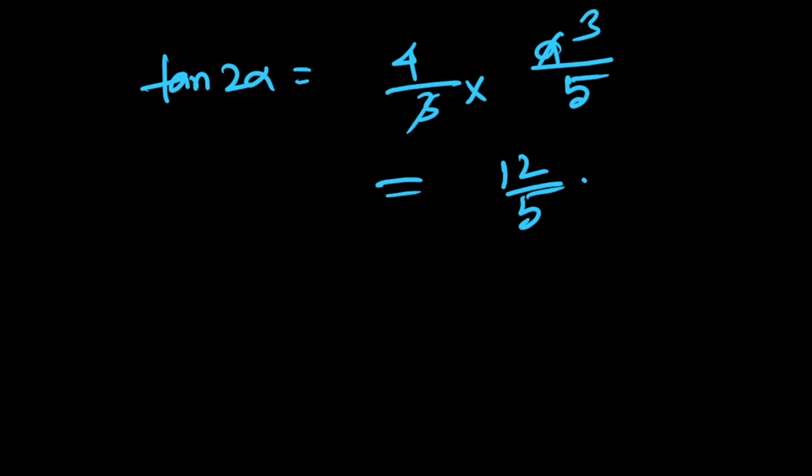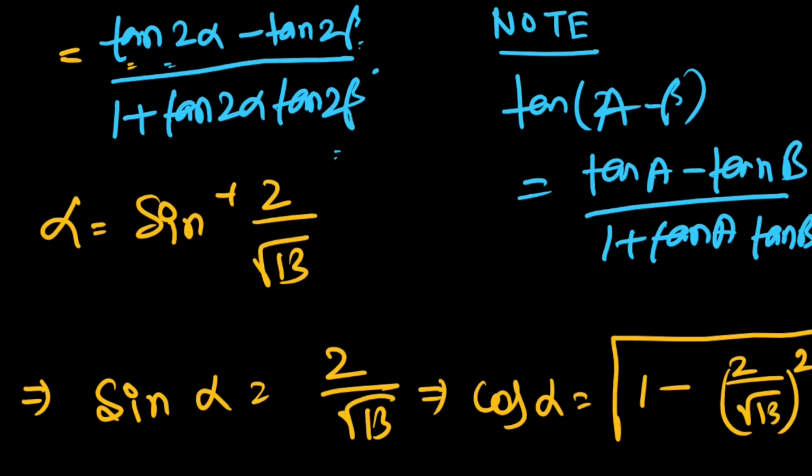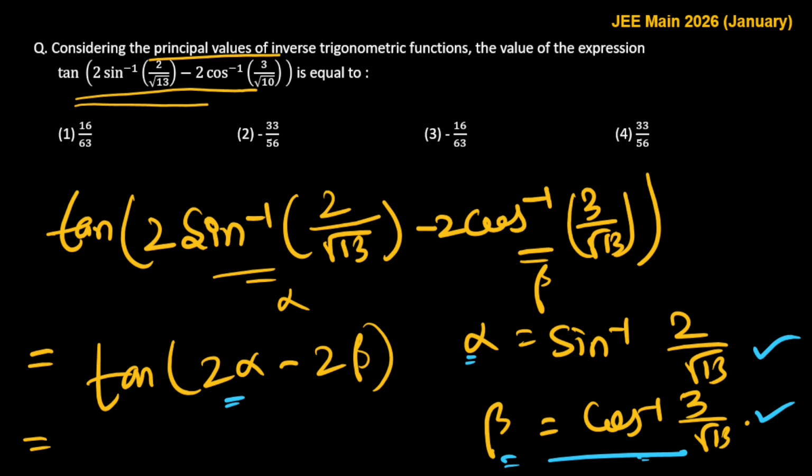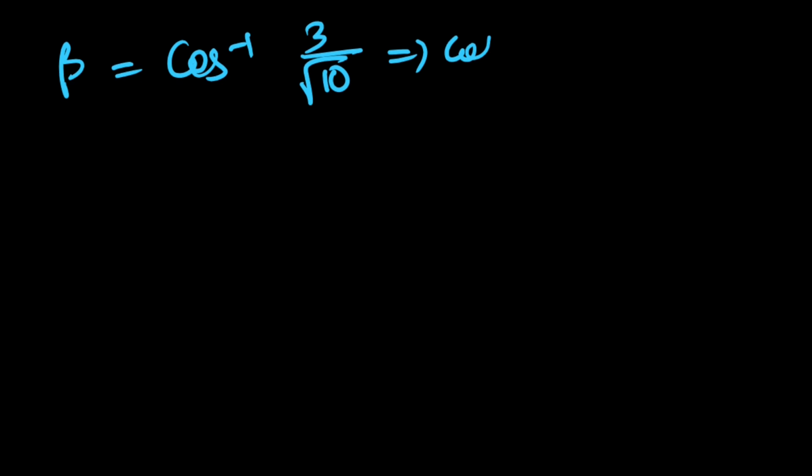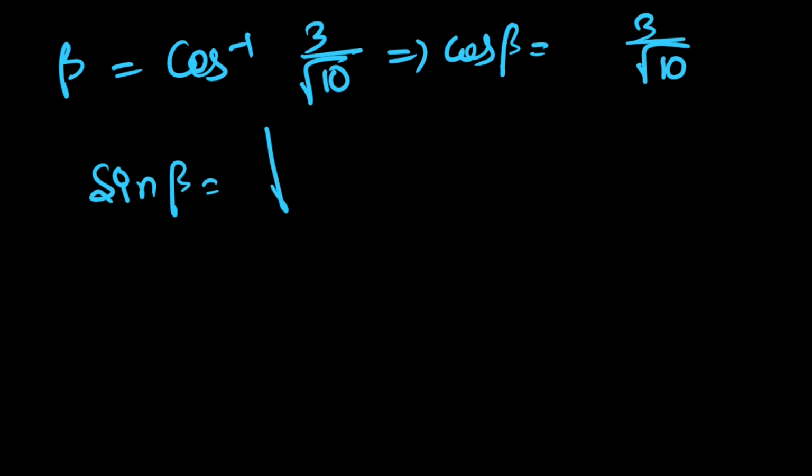Similarly we find tan 2 beta. Beta is equal to cos inverse 3 over root 10. This implies cos beta is equal to 3 over root 10. So sin beta is equal to root of 1 minus cos square beta, that is root of 1 minus (3 over root 10) whole square.